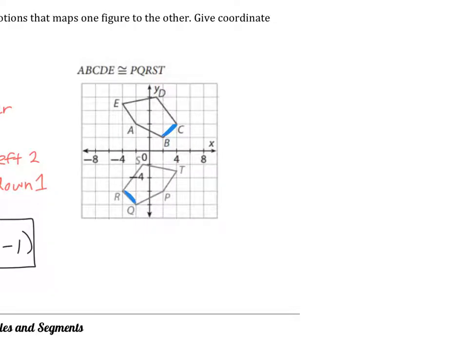And we can try doing a reflection over the y-axis. So let's see what that would look like. So my B value would reflect, my C value reflects, my D value reflects to right here, my E value reflects over to here, and my A value reflects here.